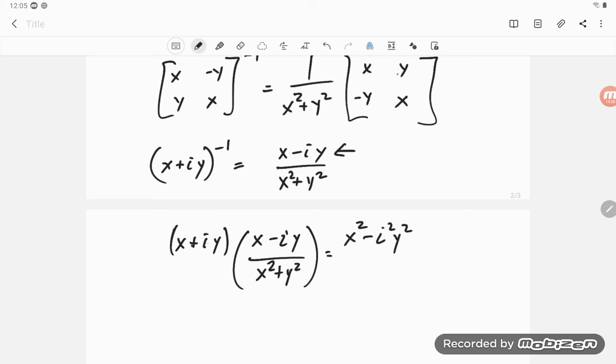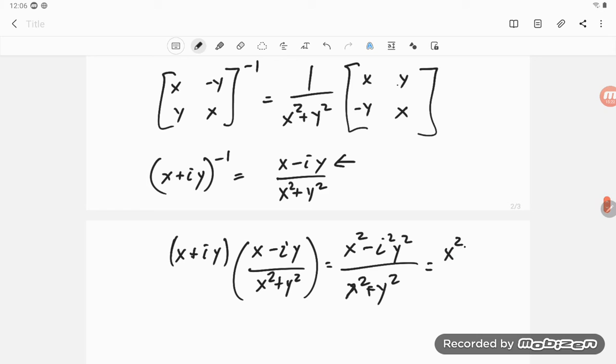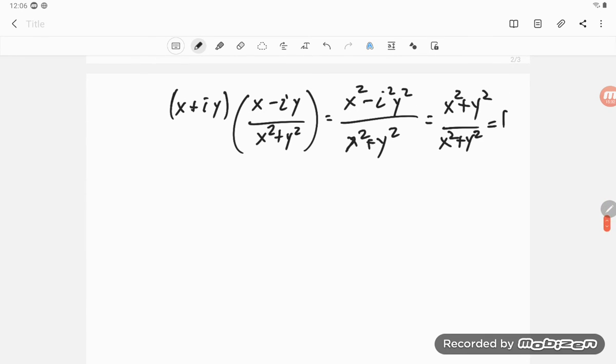Because this is the difference of squares here, we've got these conjugates, and I'll mention that more in a minute, but these are conjugates on top with the plus and minus, right? The middle terms disappear, and so we get our x squared plus y squared here. But now i squared is -1, but it's the negative of that, so that is indeed x squared plus y squared over x squared plus y squared, and that equals 1. Okay, so that's our multiplicative inverse.